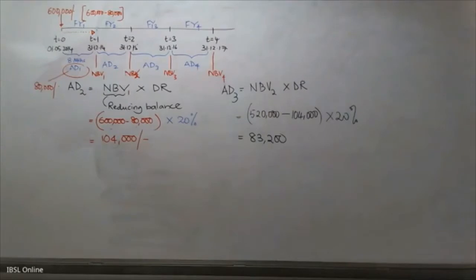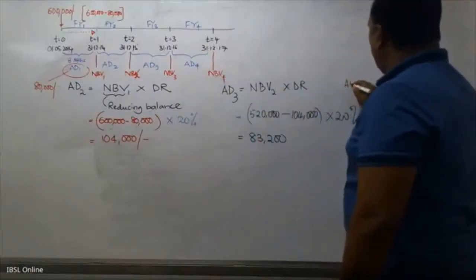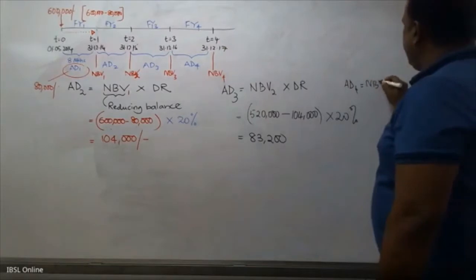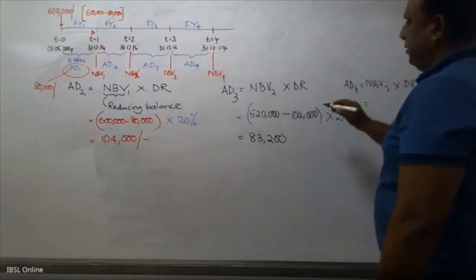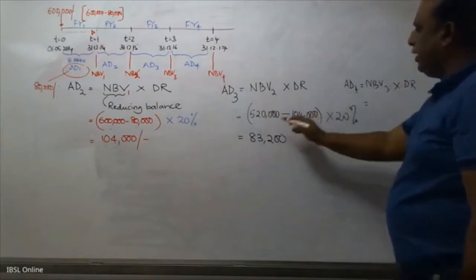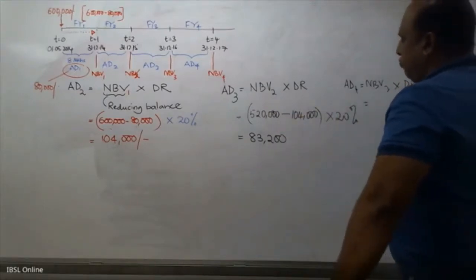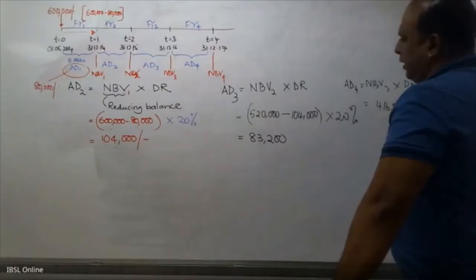So similarly, you can calculate AD4 also. AD4 would be NBV3 into the depreciation rate. That is, now 520 minus 104,000 is how much? 416, is it? Correct? Yes, sir.